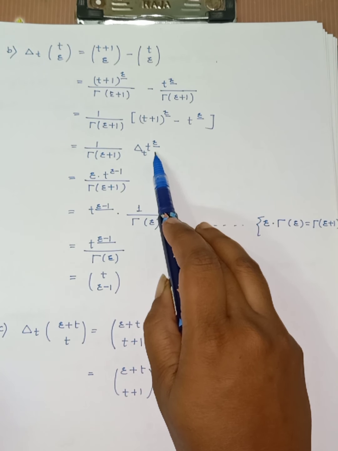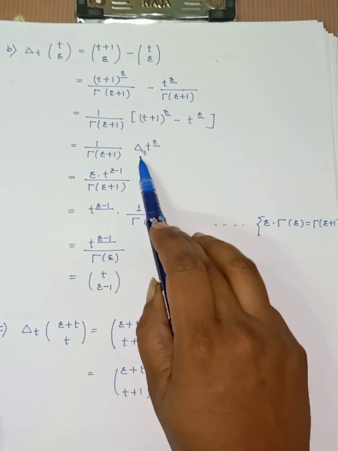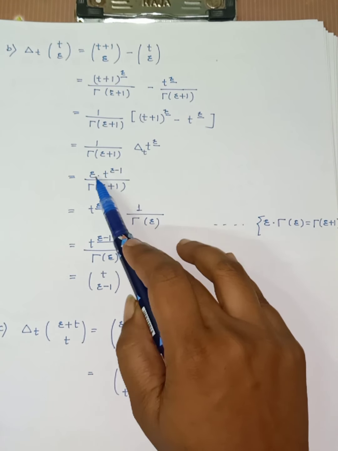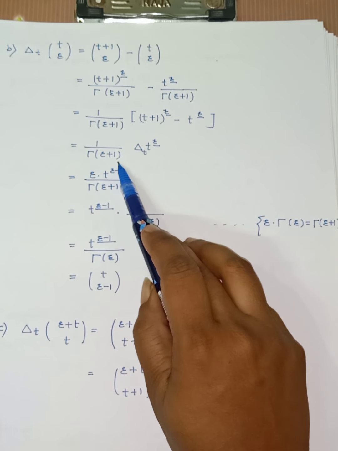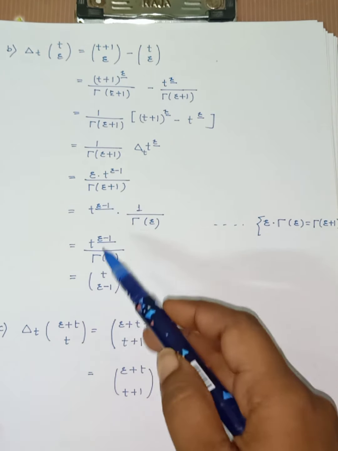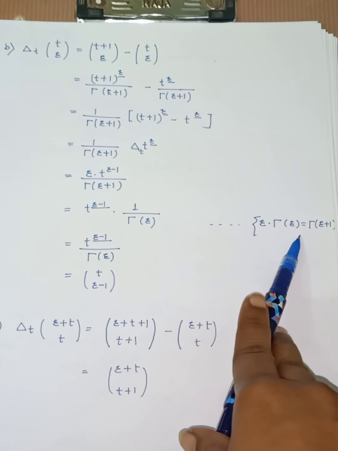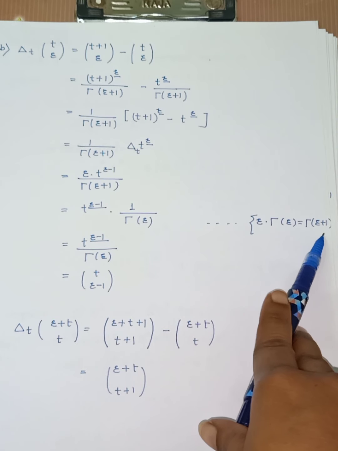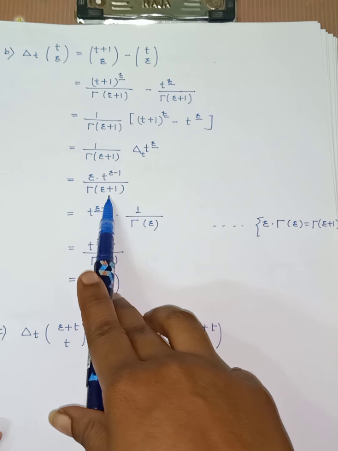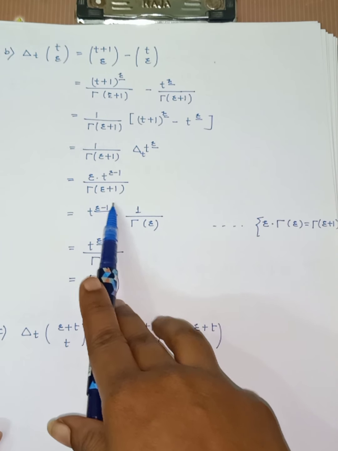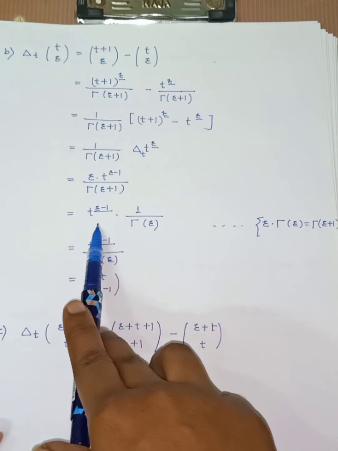Delta t to the falling r is written as r into t to the falling r minus 1, upon gamma of r plus 1 as it is. Then we know that r into gamma r equals gamma of r plus 1. So for this r and this gamma r plus 1, we can write 1 by gamma of r, and t to the falling r minus 1 as it is.